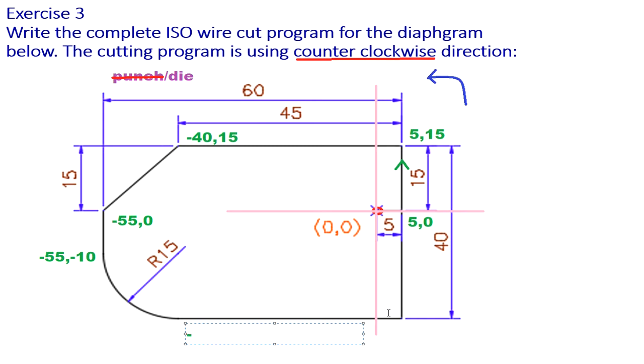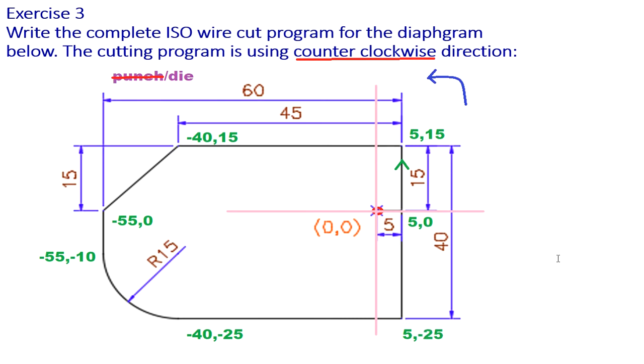Minus 40, Y is 40 minus 15, minus 25. And then this point X5, Y minus 25.